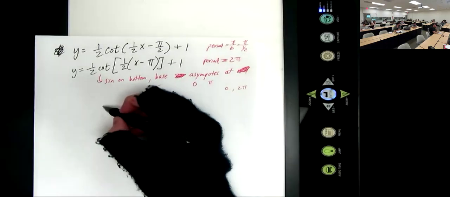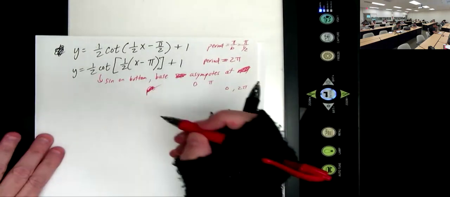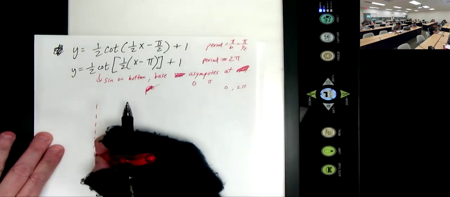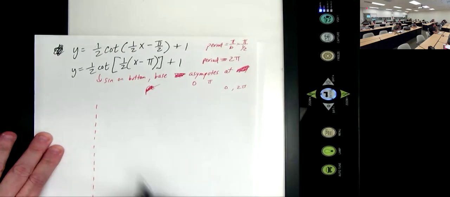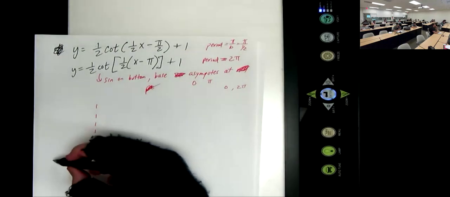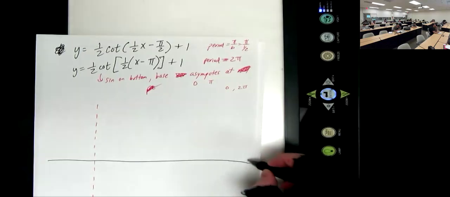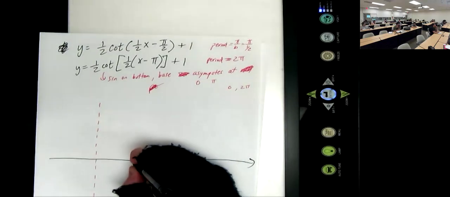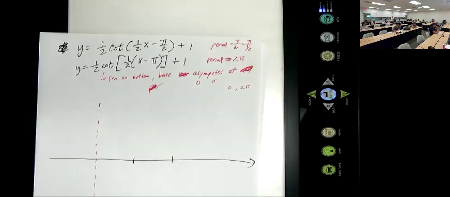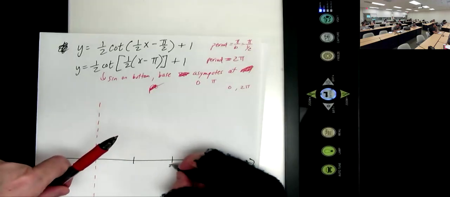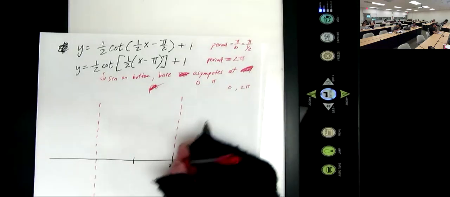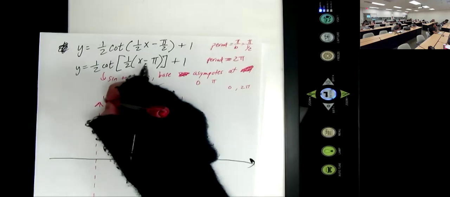So I'm gonna draw my y axis as a dashed line because it's an asymptote. Would be 2 pi, which is the sign for our repeat. This is my y axis.